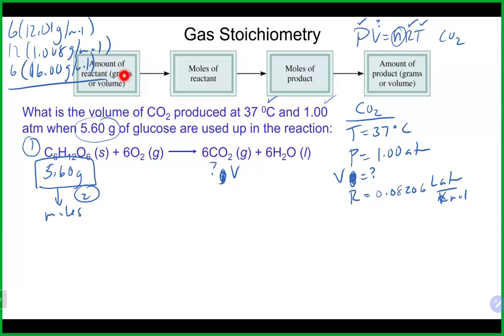And that's going to give us a molar mass for glucose of 180.2, we'll call it, grams per mole. And again, that comes from the periodic table.